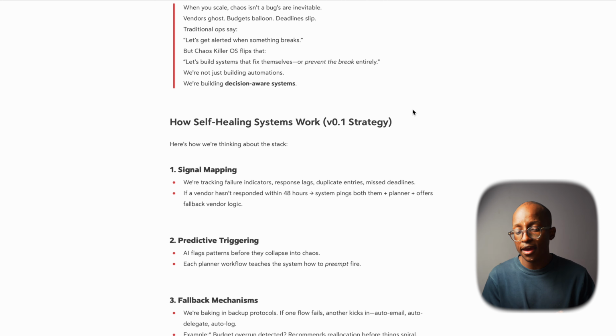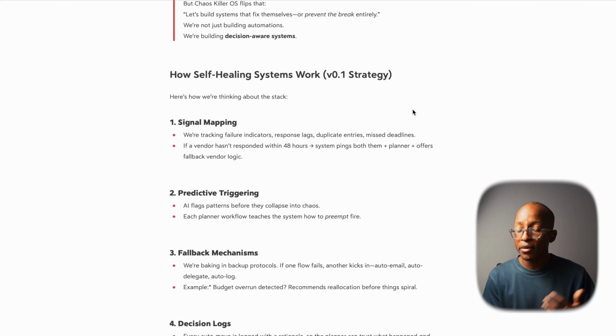If budgets overrun, we need to understand how we're tracking their finances and where their money is going, and we need to create a measure that allows for reallocation to happen, so that they know they need to reallocate the budget before it spirals out of control, basically saving them from losing a ton of revenue.